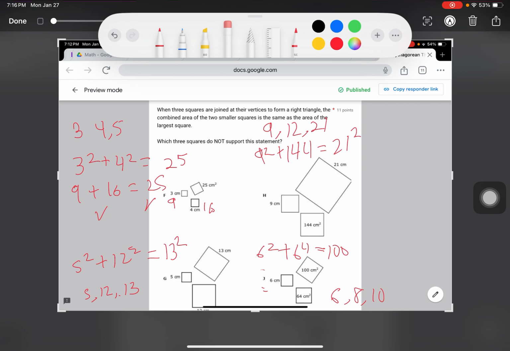You can take any Pythagorean triple, multiply them by the same number, and you get another Pythagorean triple. Same thing with 5, 12, 13, which is also a Pythagorean triple. The more Pythagorean triples you know, the quicker you can figure out which ones to check and which ones you don't need to check.